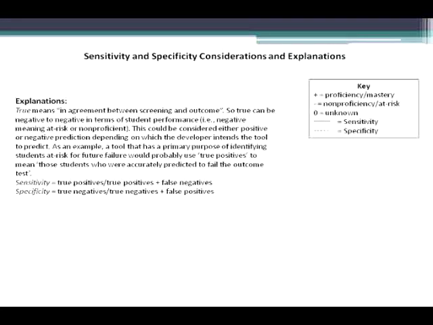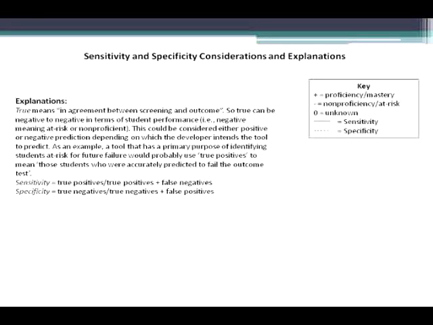Looking at the sensitivity and specificity considerations, these are some of the details. First off, there's an explanation. What is sensitivity? What is specificity? Within the context, what does true mean? True positives, true negatives, all in relation to the prediction. So sensitivity is ideally the true positives, the individuals that were predicted to be positive on the screening tool and were positive on the criterion measure, divided by the total number of accurate predictions, true positives and false negatives.